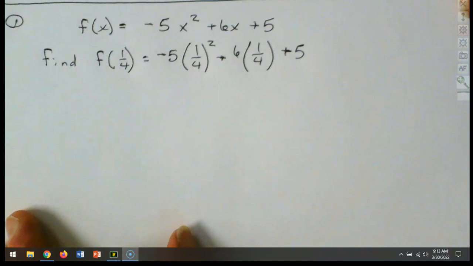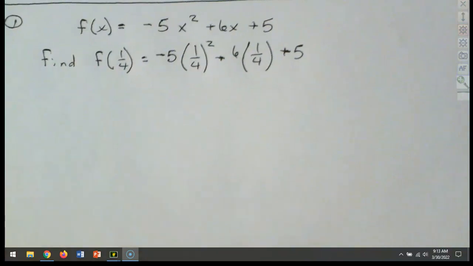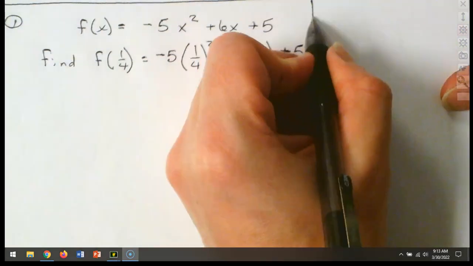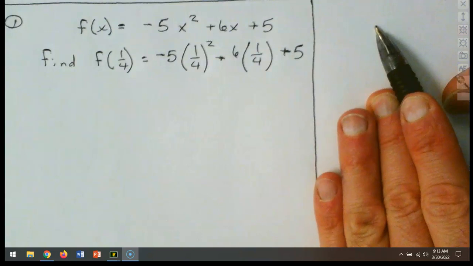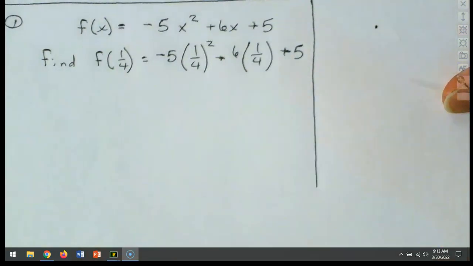Now, where you may struggle is working and dealing with these fractions. So all the fractions are going to be worked out over here on the right-hand side. And over here, we're just going to start copying things down. So first, how do we square this fraction?